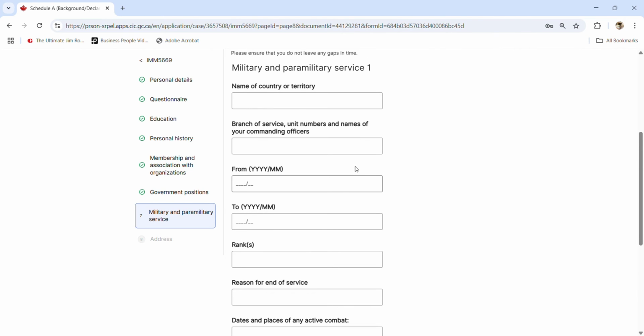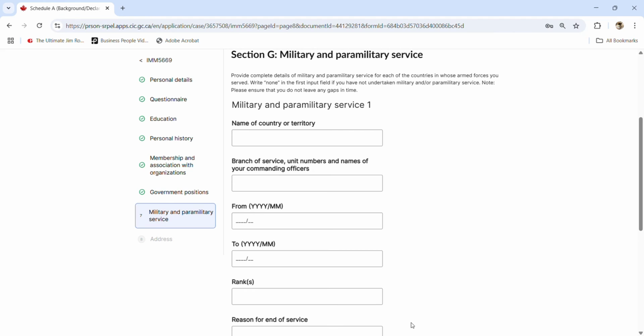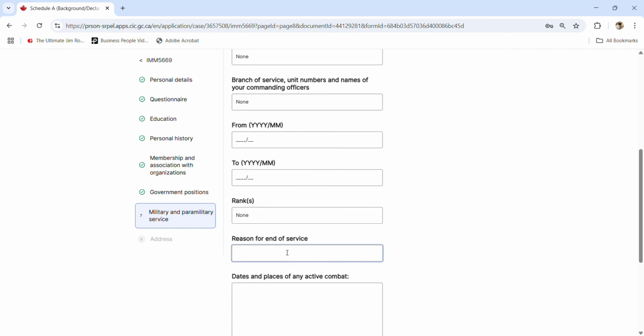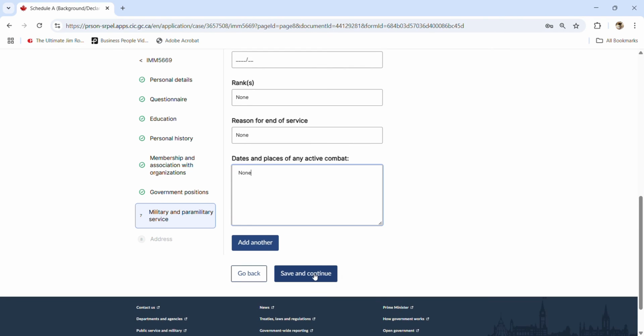However, in John Smith's case, he did not serve in any military or paramilitary service in any country, so I put none. Rank, none; reason for end of service, none; date, none. All right, and then save and continue.